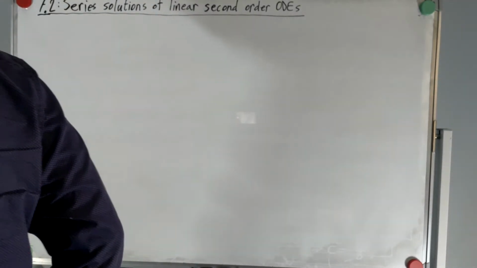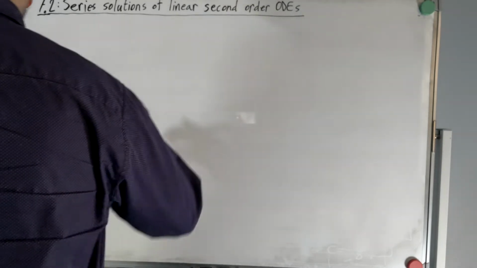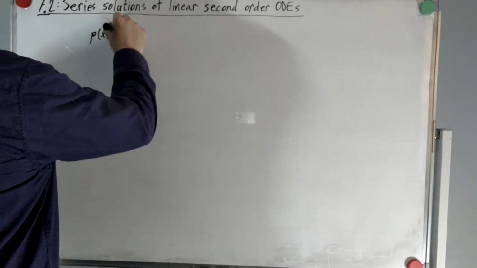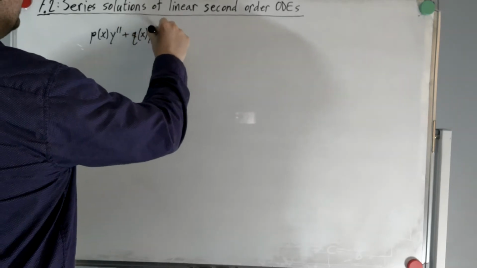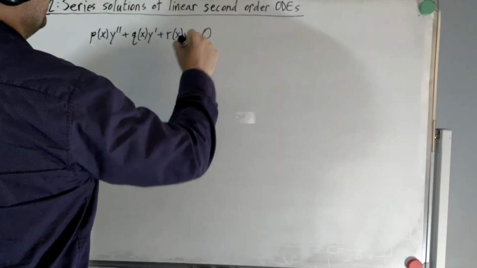Right, so every linear second order homogeneous ODE looks like some kind of P of x y'' plus Q of x y' plus R of x y equals 0.